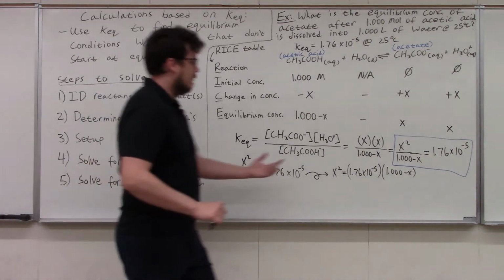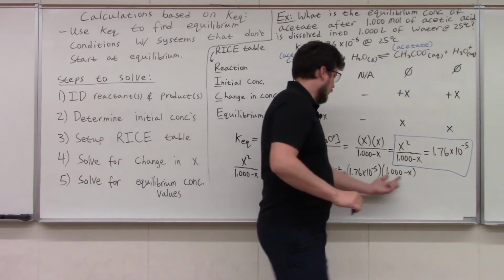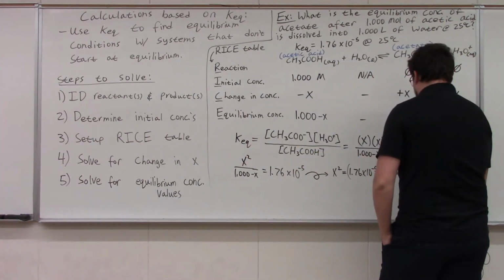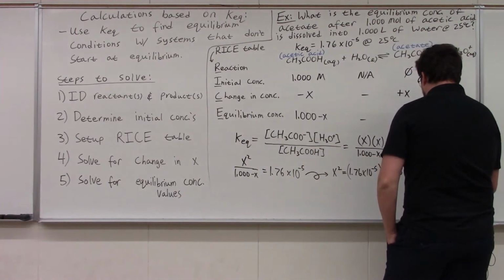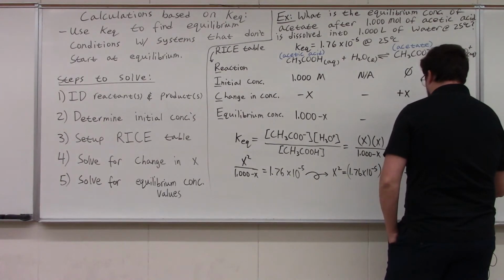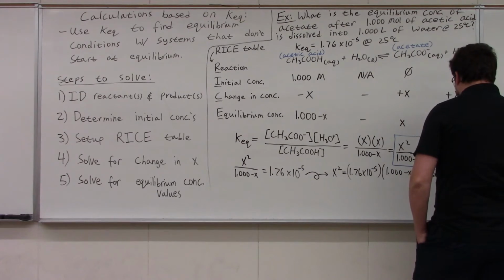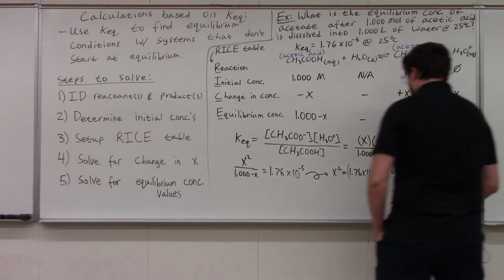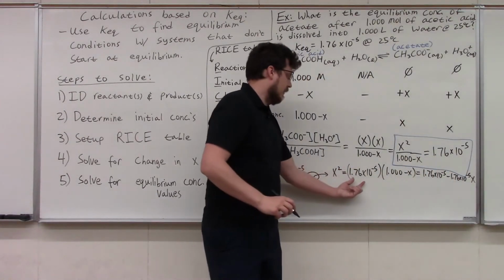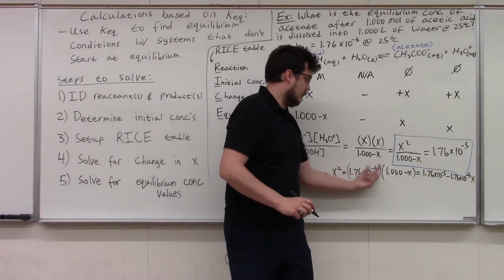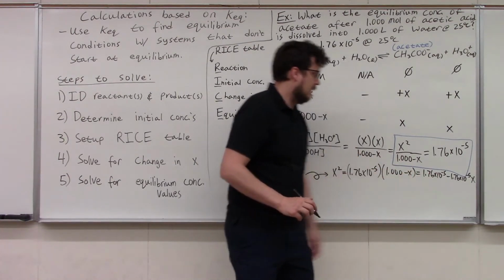And then I'm going to just multiply all this through, so I get 1.76 times 10 to the minus 5 minus 1.76 times 10 to the minus 5 x. I just multiplied this number times 1 and times negative x.